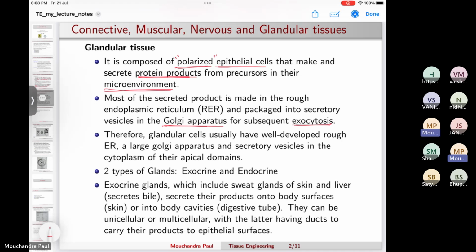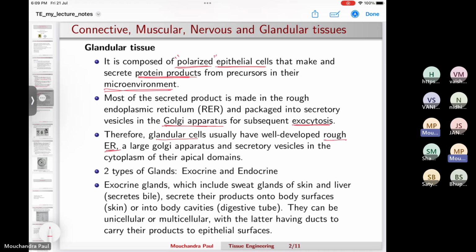Now, these glandular cells are polarized epithelial cells. They have a highly developed RER. Since the main role of these cells is secretion, the RER is very well matured, like large. If you see under a microscope, the endoplasmic reticulum will look much bigger, occupying much more space in the cytoplasm.